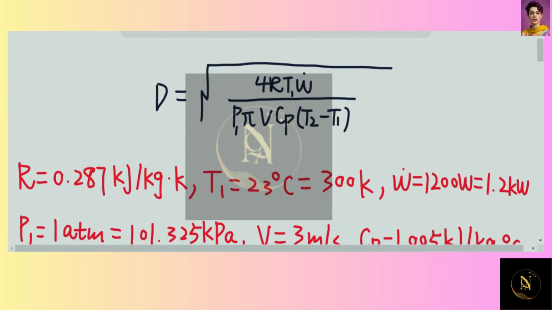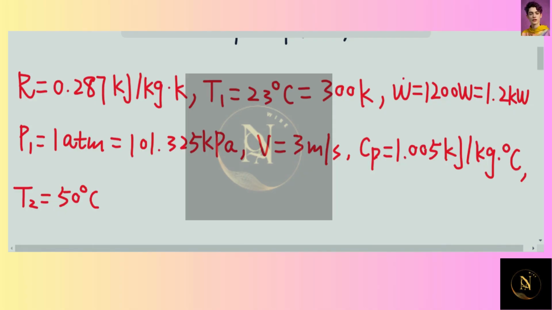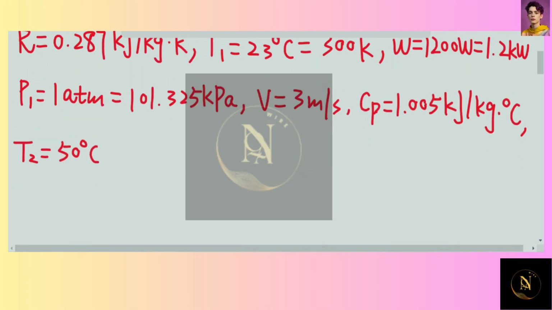So we know the gas constant for air is 0.287 kilojoule per kilogram-Kelvin, and the initial temperature, which is room temperature, is 23 degrees Celsius, which is equal to 300 Kelvin. And we know the power input is given as 1200 watts, which is 1.2 kilowatts. And the pressure at regular conditions is 1 atmosphere, which is 101.325 kilopascal.